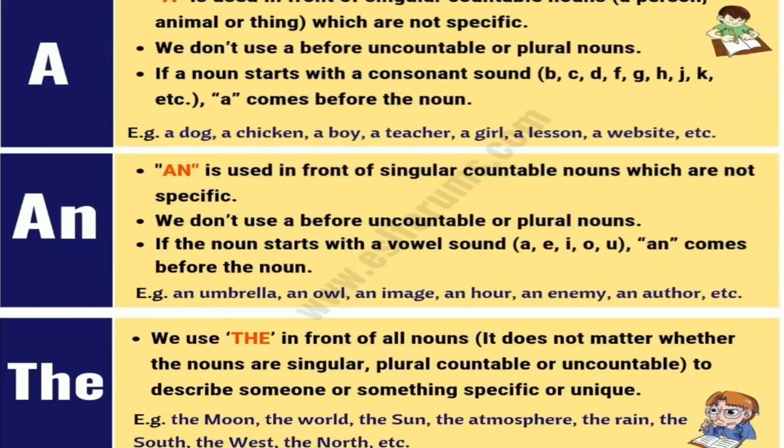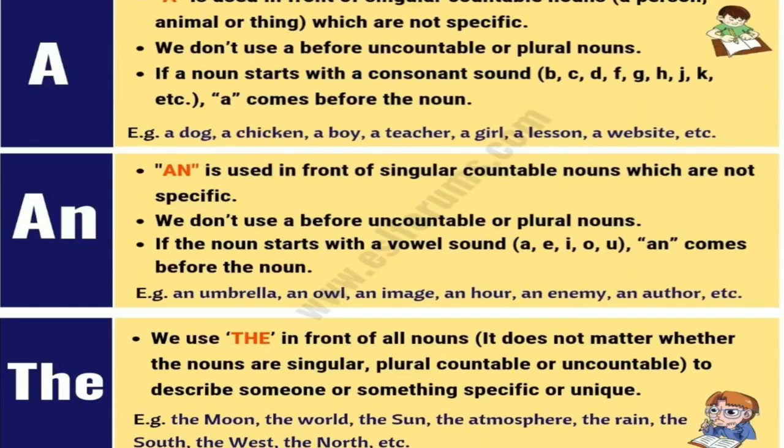We use the in front of all nouns. It does not matter whether the nouns are singular, plural, countable or uncountable, to describe someone or something specific or unique. Example: the moon, the world, the sun, the atmosphere, the rain, the south, the west, the north.